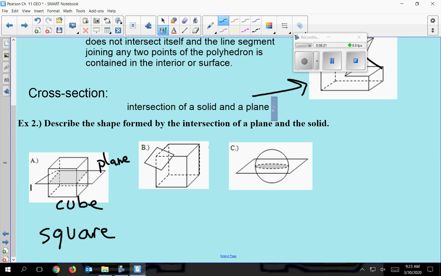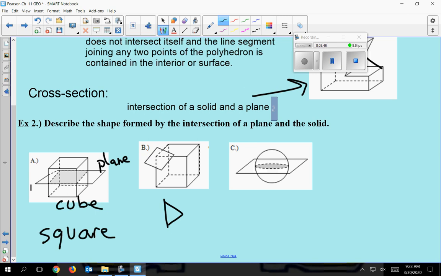Okay, this one's a little bit difficult. This plane is actually intersecting the corner of this cube at kind of an angle. So this one's pretty hard to see. It's not a very good picture, but I should get a triangle from my cross section there.